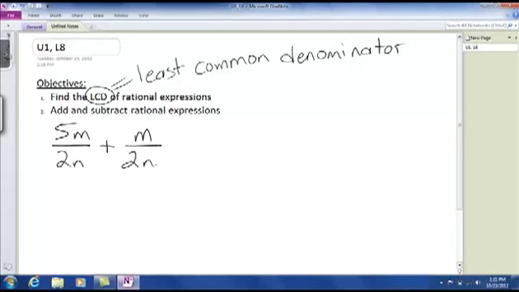Well, these two fractions already have the same denominator, 2n, so we can just add straight across. Now, please remember, from just regular fraction addition, when you add fractions, you never, ever add the denominators. So these two n's, we're not adding.